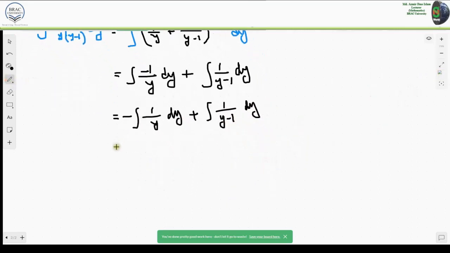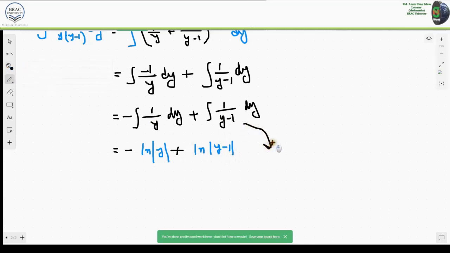So you know that integration of 1 over y will be nothing but ln modulus y, plus, similarly, it will be ln modulus y negative 1. We can use substitution method here.